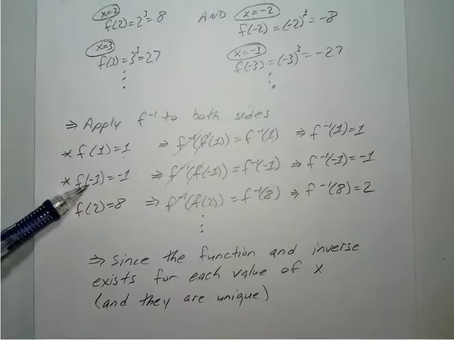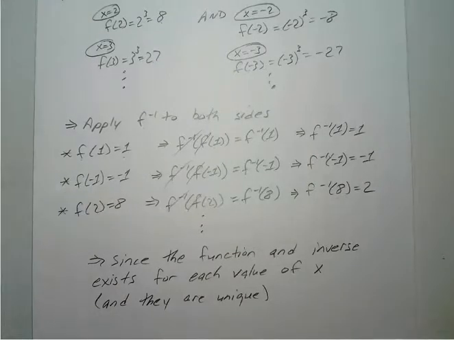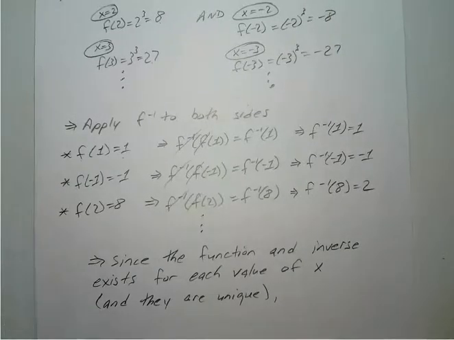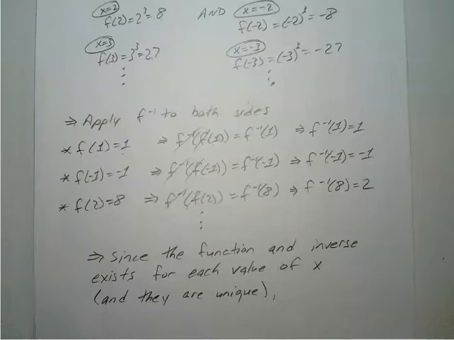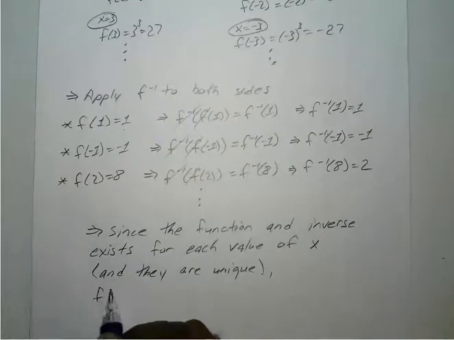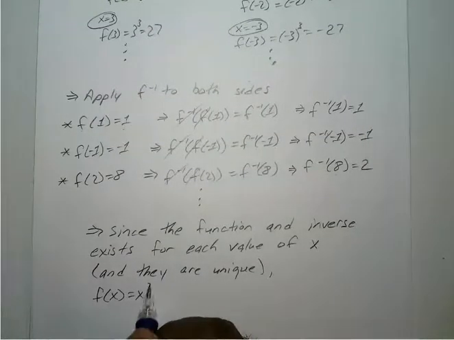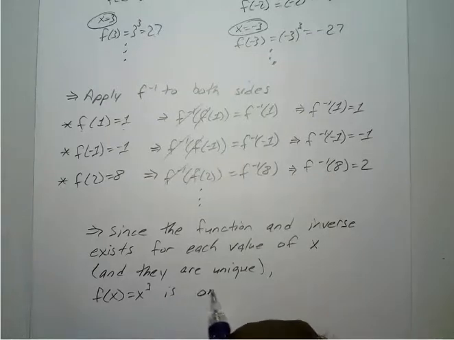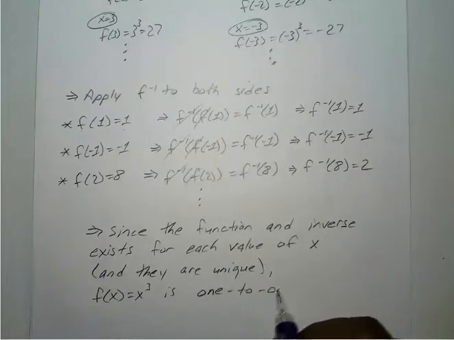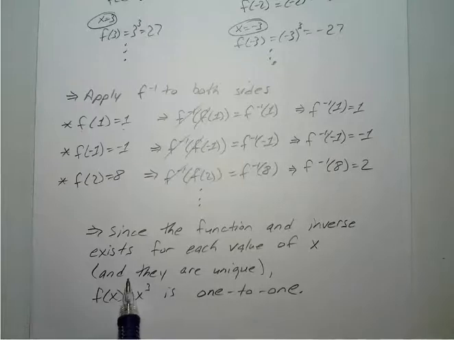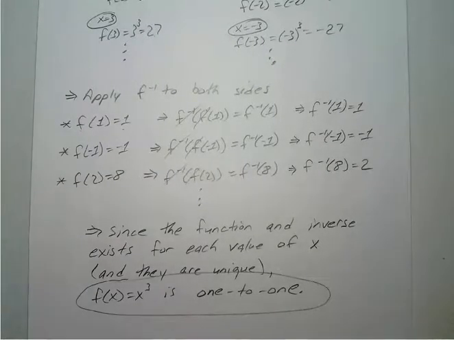You can't plug in f of negative 1 a second time and get a different value. So that means we know that f of x equals x to the third is 1 to 1. And if you graphed it and decide to do the horizontal line test, you would see that it would pass. Well, we did it in the example in previous videos, so you can always go back and look at those.